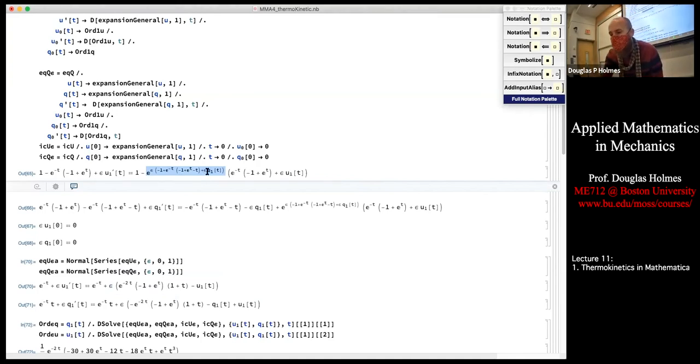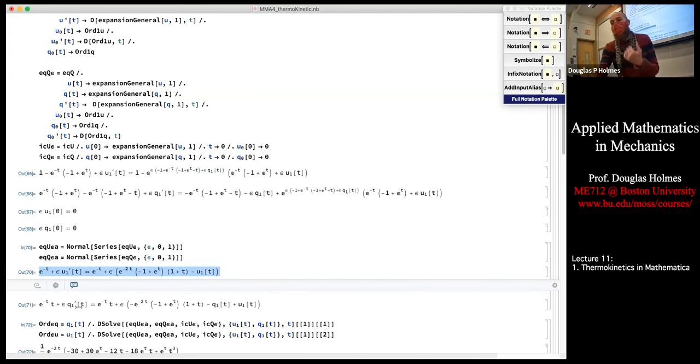So going from here, which contains terms of higher order epsilon, to this, which contains terms only of order epsilon 1, is what we need to be able to solve for our coefficients at order 1, or order epsilon to the 1. Does that help? Yeah, that makes sense.